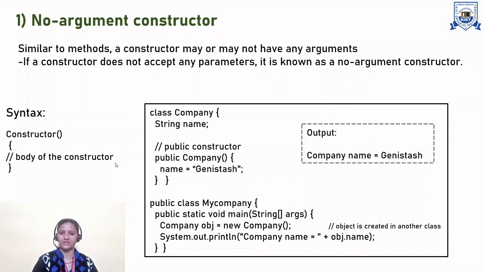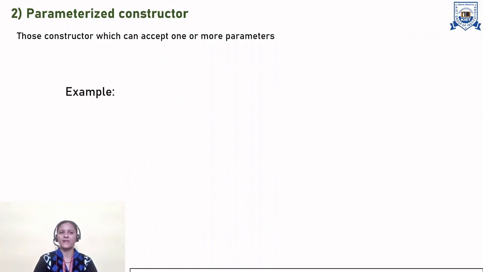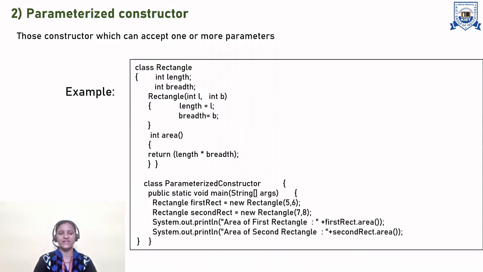Parameterized constructor. Those constructors which can accept one or more parameters. We can understand with the help of an example. Here we have made a class Rectangle. It has two attributes, length and breadth, and we made a constructor having the same name as the class.